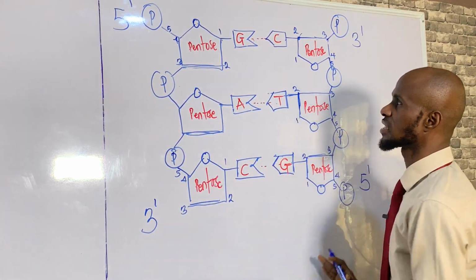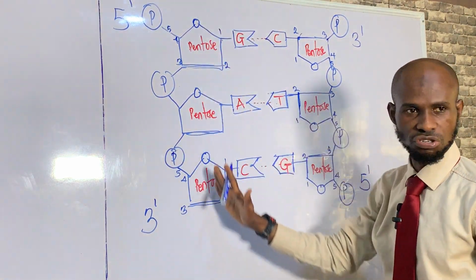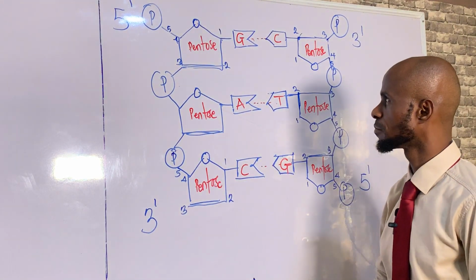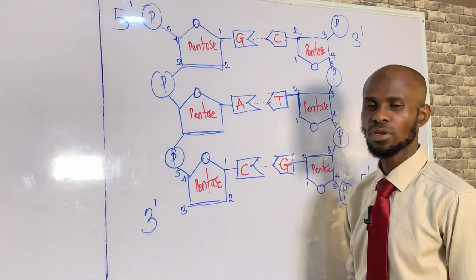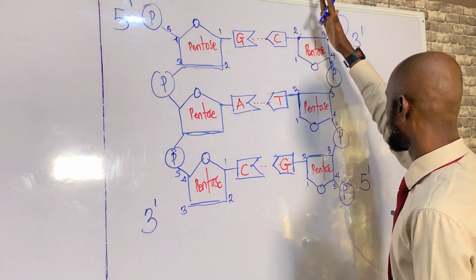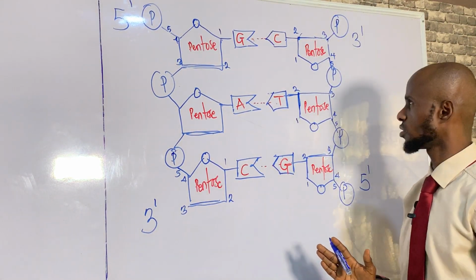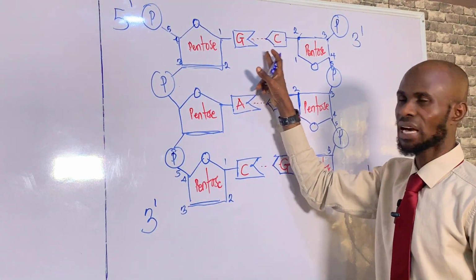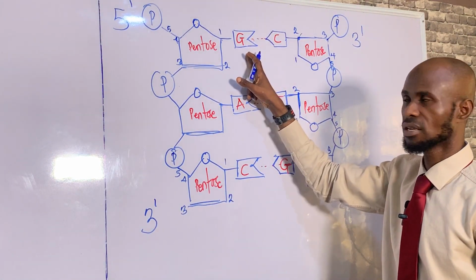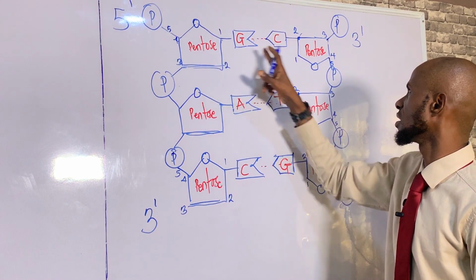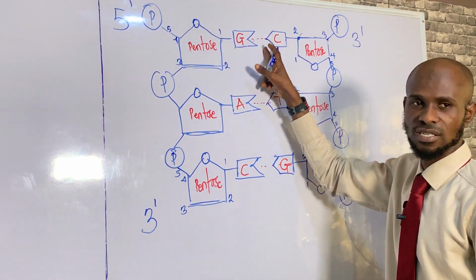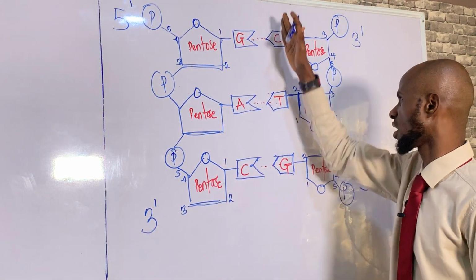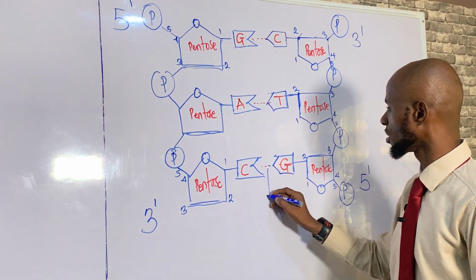But the focus of this class is that now we are having one strand of nucleotide, and we are having another strand of nucleotide. They are connected together by their bases on opposite sides. What connects the strands together is called the hydrogen bond.